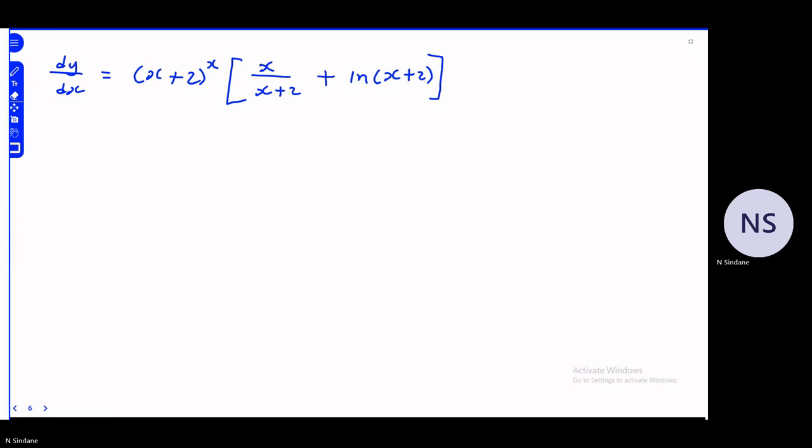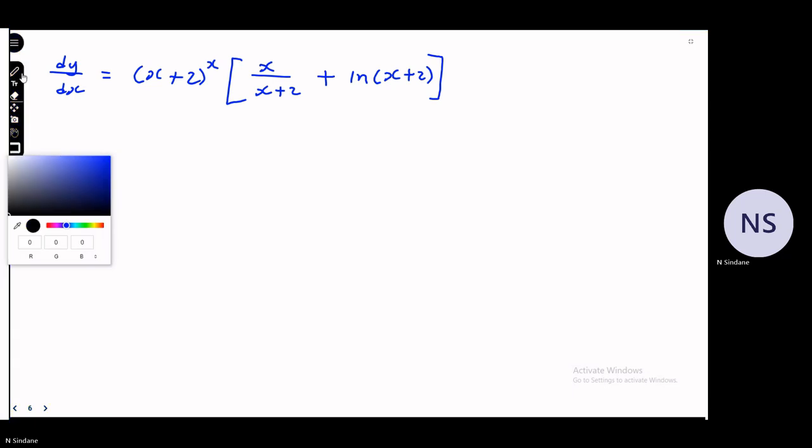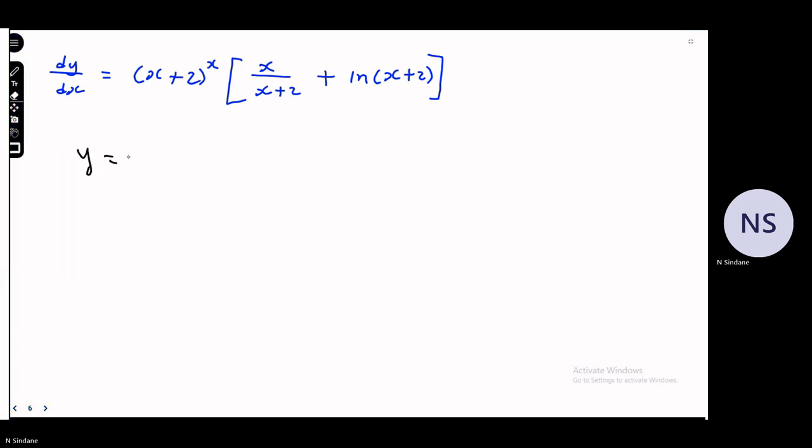Okay, let's get one last question, which is given as y is equals to x to the power 3x plus 2. In this case, they want us to differentiate this.